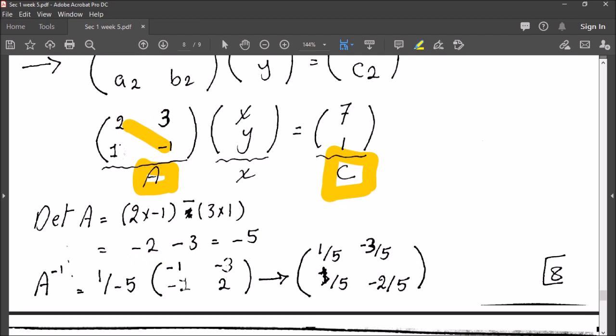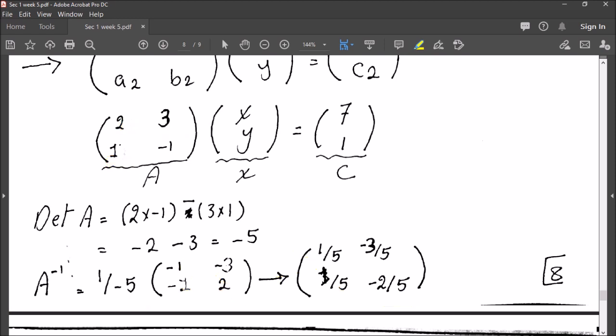So 1 over the determinant, 1 over negative 5, times the matrix where we replace 2 with negative 1, and 3 will become negative 3 and 1 will become negative 1. So we multiply negative a fifth by this matrix and we produce this matrix: a fifth, negative 3 over 5, another fifth, and negative 2 over 5. So that's our inverse matrix.